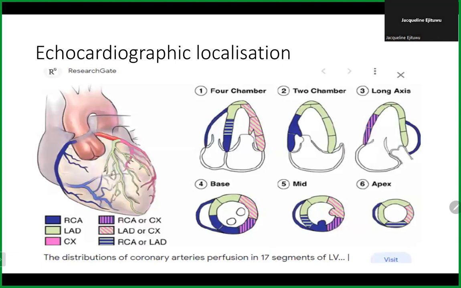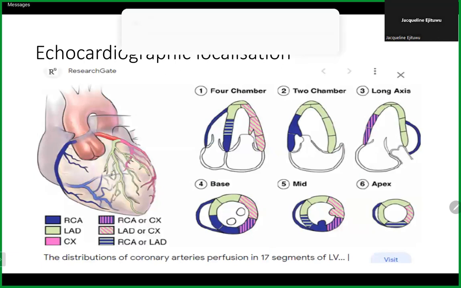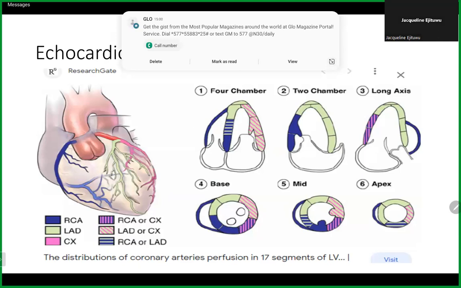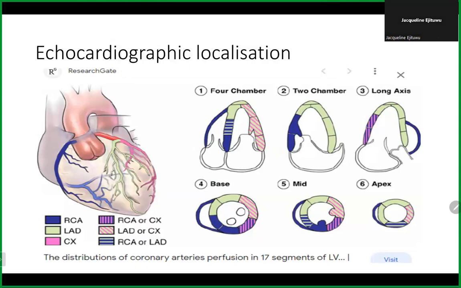So echocardiographic localization of the coronary arteries: knowledge of coronary anatomy will also help in guiding us as to which vessel is occluded on echo.